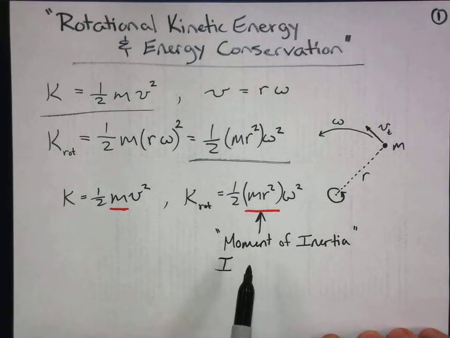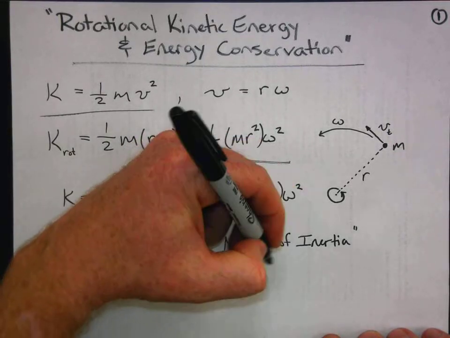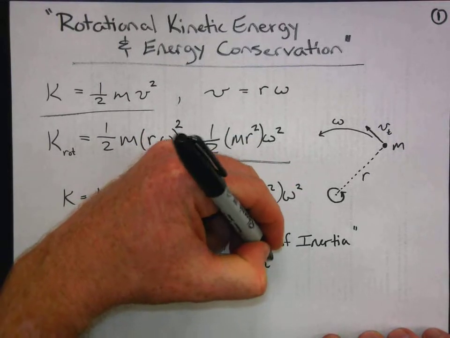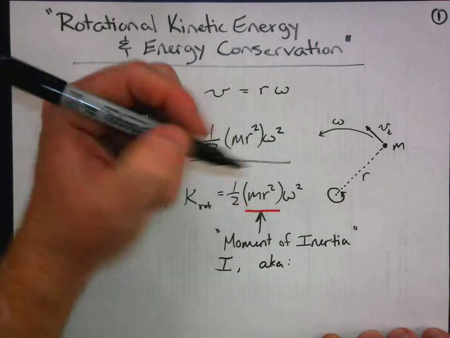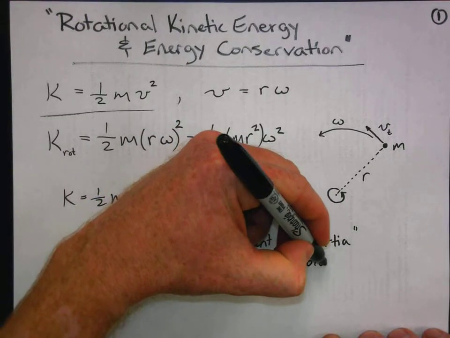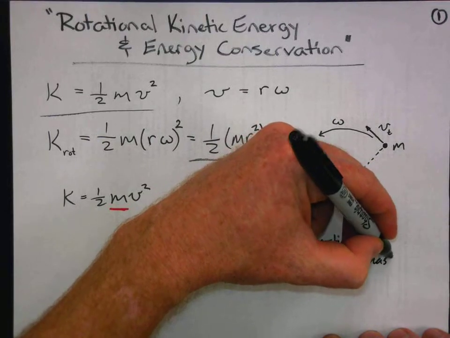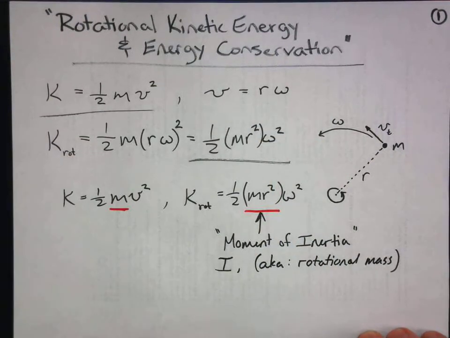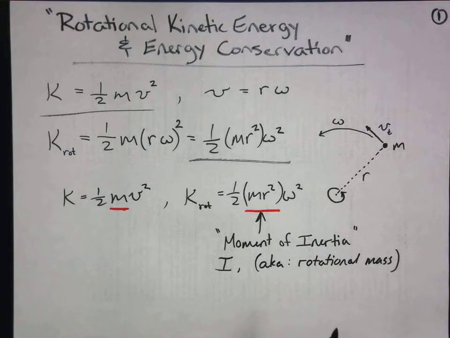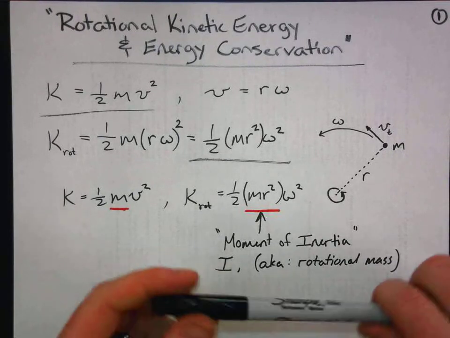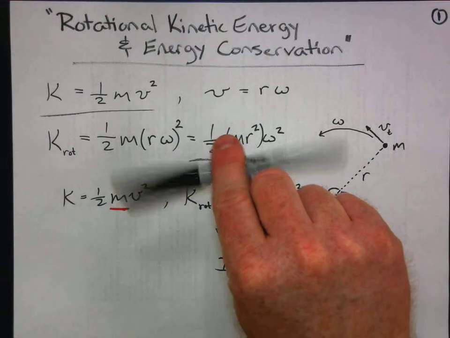So, you might think of this as rotational mass. That's not a very strict scientific definition, but imagine trying to hold a long stick by the center and try to wiggle it.